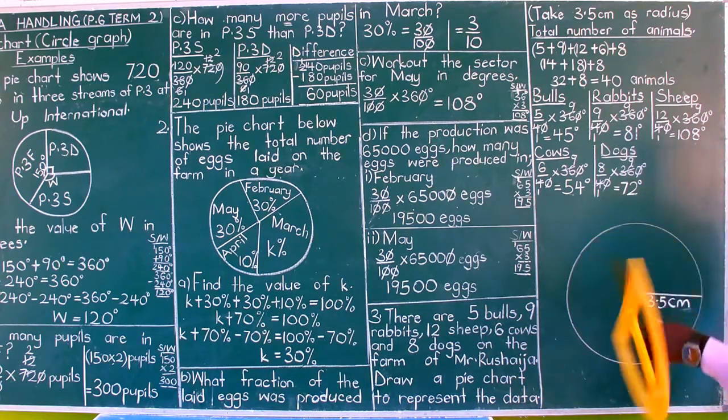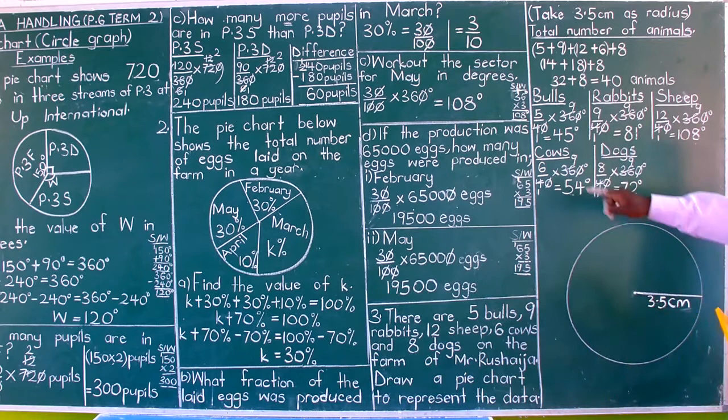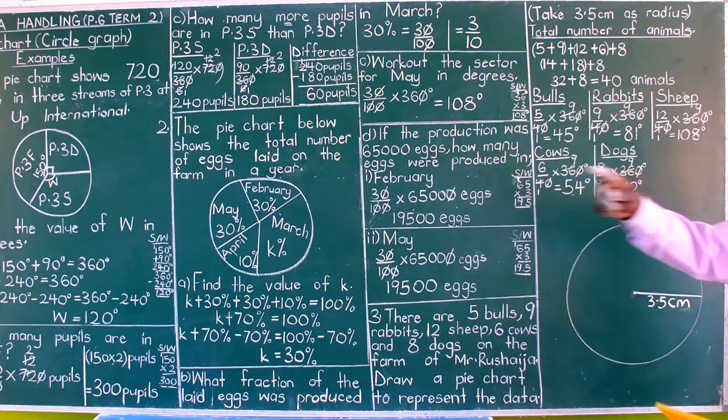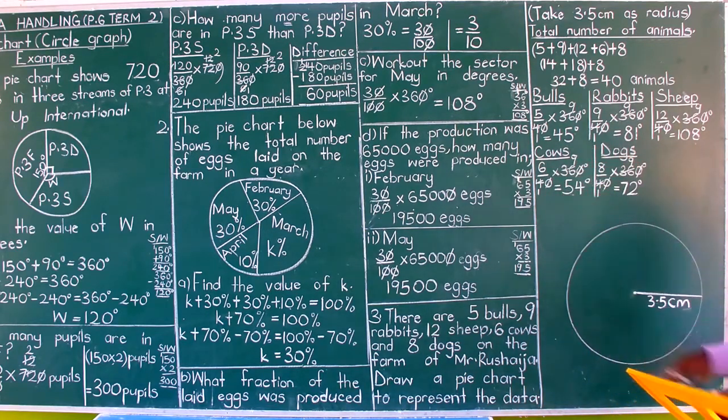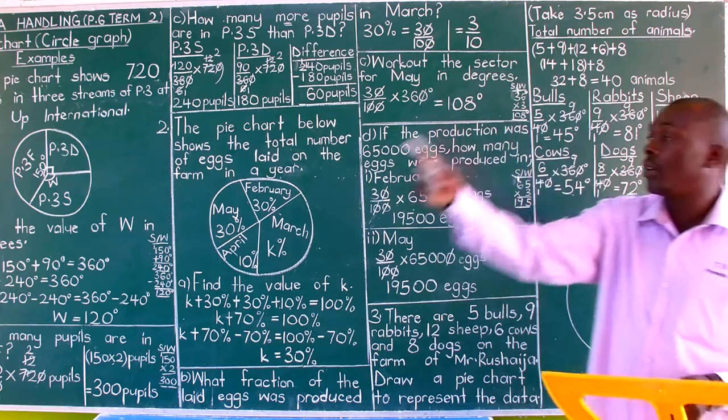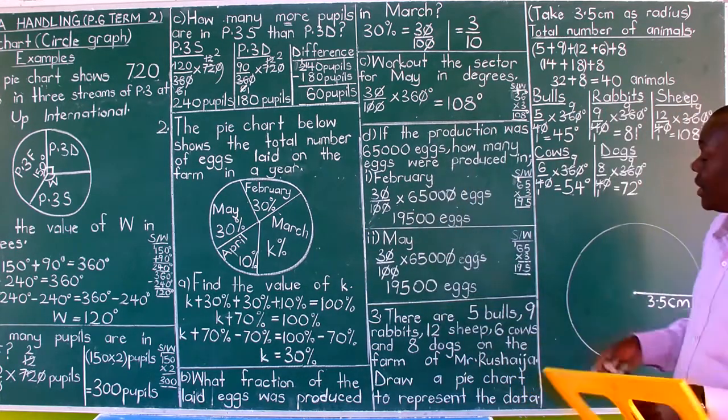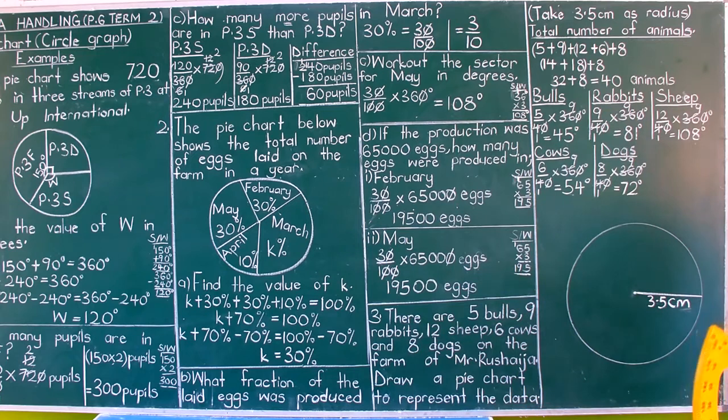We normally measure these angles clockwise. You go like the clock moves. That is clockwise. The anti-clockwise can also do the needful, but the normal way is measuring using the clockwise movement.